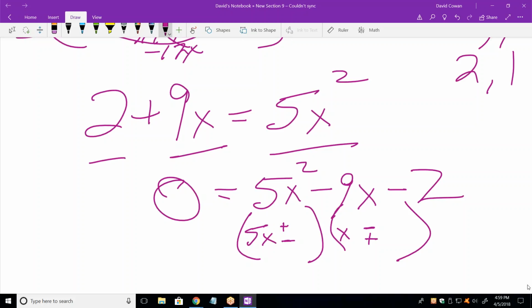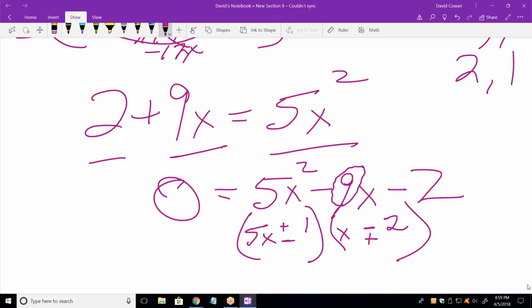And I can see that that's a pretty big number, so my 2 better multiply that 5, right? So instead of starting right out writing 2 and 1, I'm going to put the 2 over there and put the 1 there, because I can tell that's going to give me the correct number in the middle. In other words, sometimes you can get a little bit ahead of yourself and eliminate some of your trials and errors.